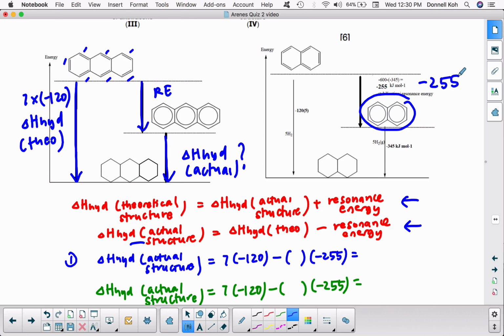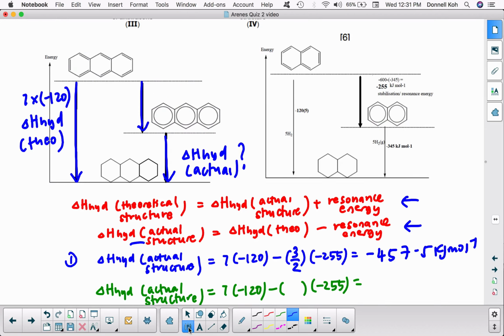So in this case, since you're involving the formation of 3 benzene rings, the resonance energy can be taken to be minus 255 times 3 divided by 2. So we can actually place 3 over 2 over here. And this will give you a value of minus 457.5 kilojoules per mole.